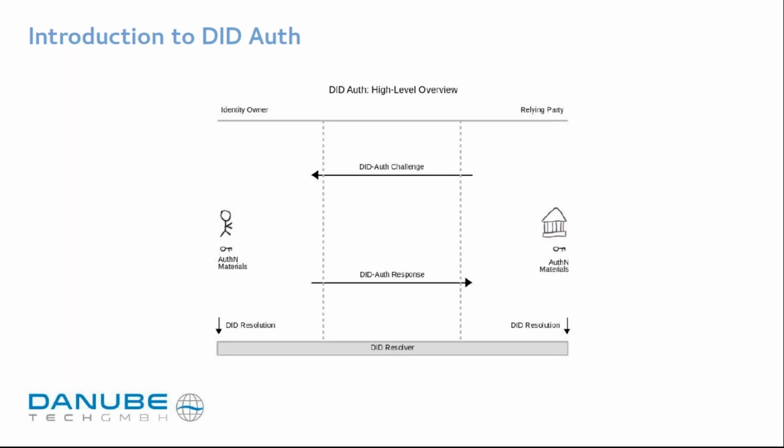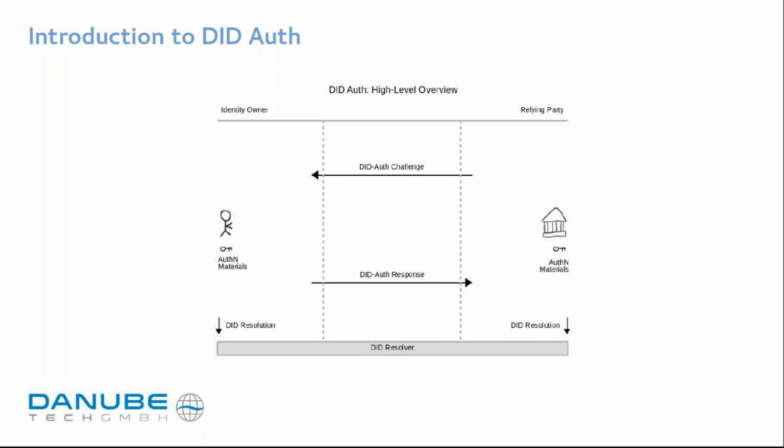And typically, like many other authentication protocols, in DID Auth we rely on a challenge-response cycle. So when we try to authenticate to a relying party, such as a website, the relying party will send us a cryptographic challenge, and then we will construct a response and return it to the relying party.